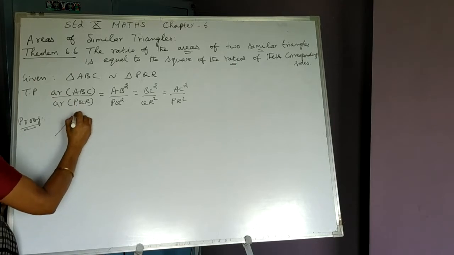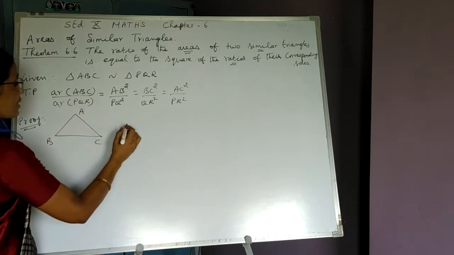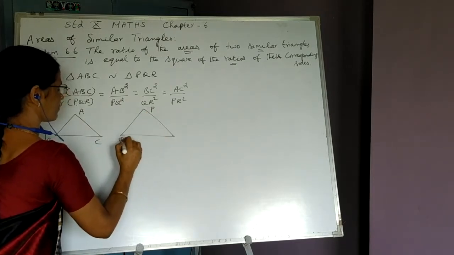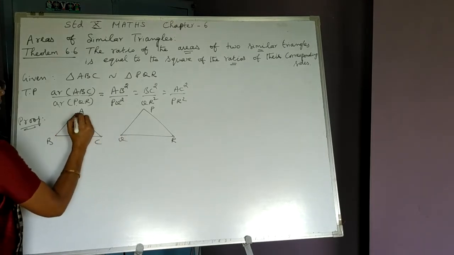So we draw two triangles, ABC and triangle PQR. To find area, we want altitude. Therefore, we are going to draw altitudes for these two triangles.